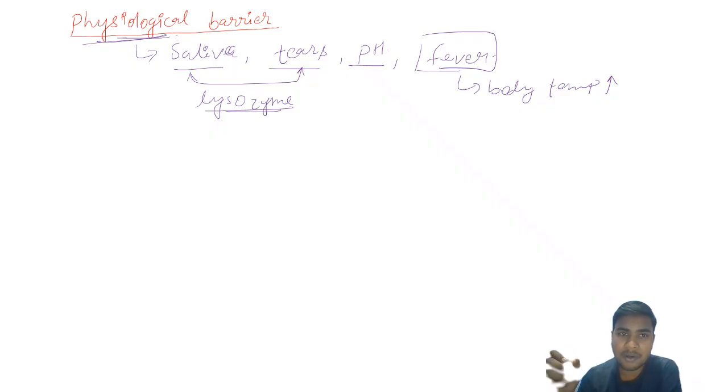Because of an overload of microorganisms or pathogens, body temperature goes high, and due to this rise in body temperature, it is an adaptation so that the microbes or pathogens will not grow at the elevated temperature. So fever, or elevated body temperature, is also a type of immune response.